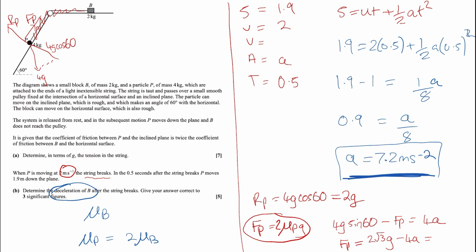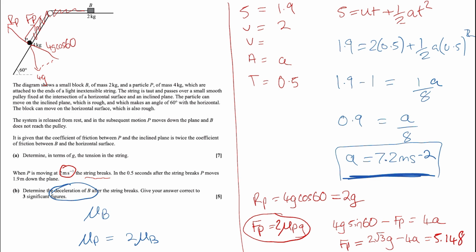So what did I say? 2 root 3G, so times 9.8, minus 4 lots of, and then the acceleration I've just worked out is 7.2. So this gives me that the frictional force is 5.14. Okay, let's do one more decimal place, so 8.